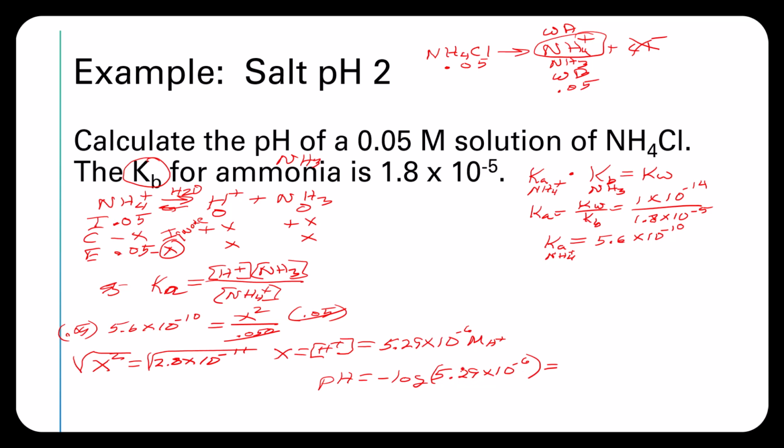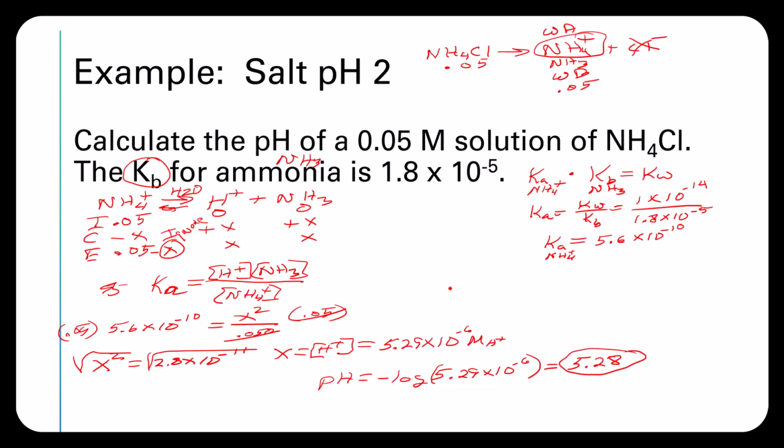But because the hydrogen ion concentration is higher than that, the pH is lower than 6. So you're going to get a number less than 6. There we go, you get a pH of 5.28. It is indeed acidic.